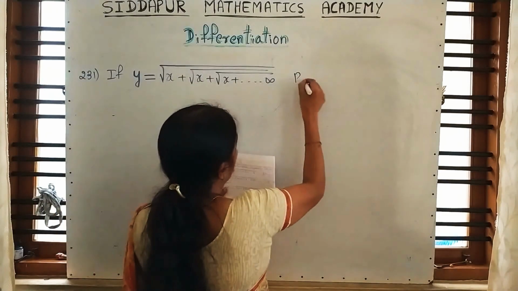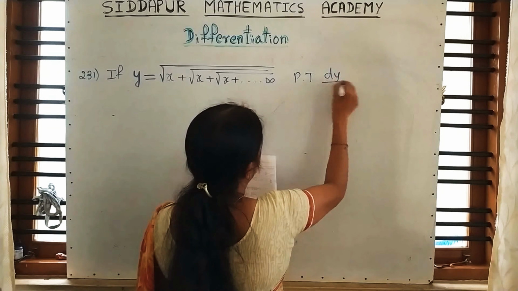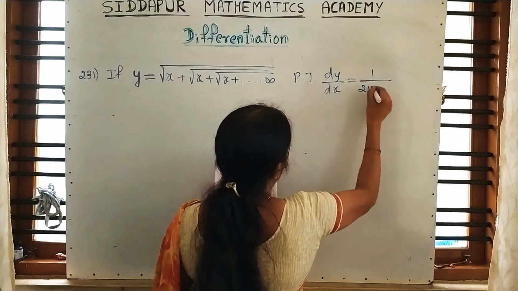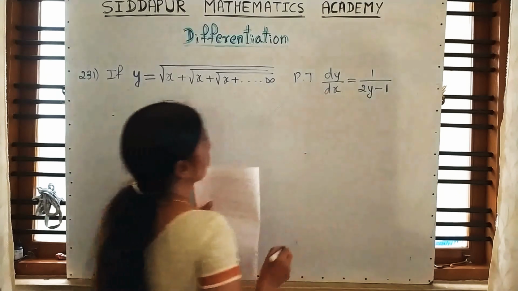If y is equal to root x plus root x plus root x up to infinity, prove that dy upon dx is equal to 1 upon 2y minus 1.